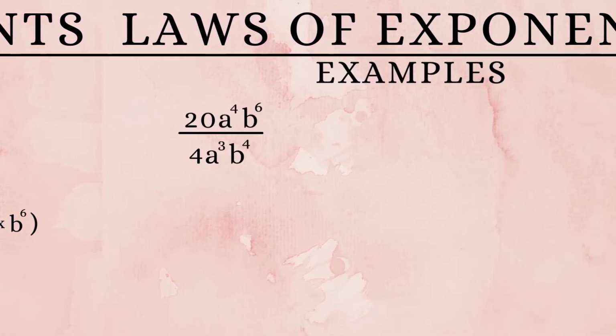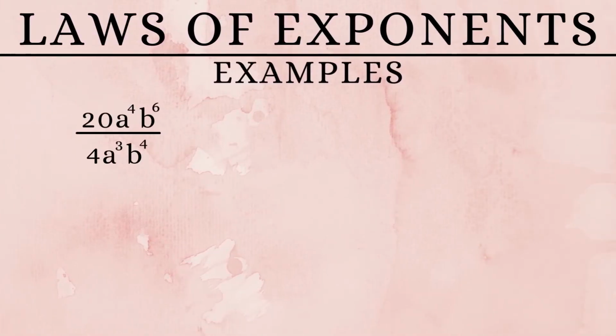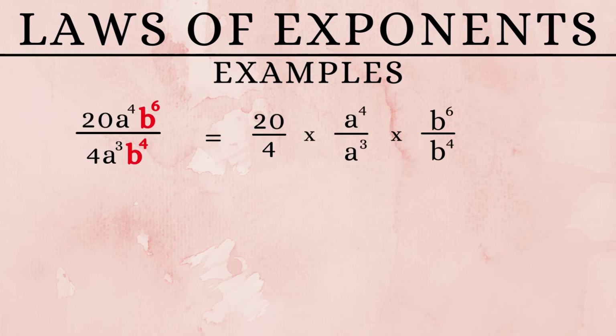Next example, 20a to the power of 4 b to the power of 6 by 4a cube b to the power of 4. In this case, let us rearrange the fraction to group the terms with the same base together as 20 by 4 into a to the power of 4 by a to the power of 3 into b to the power of 6 by b to the power of 4. 20 by 4 becomes 5. a to the power of 4 by a to the power of 3 becomes a to the power of 4 minus 3.